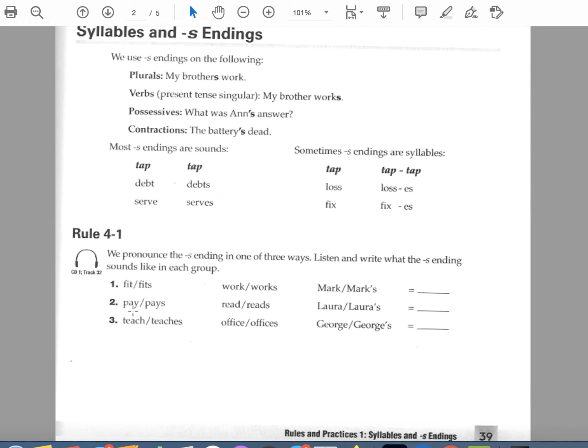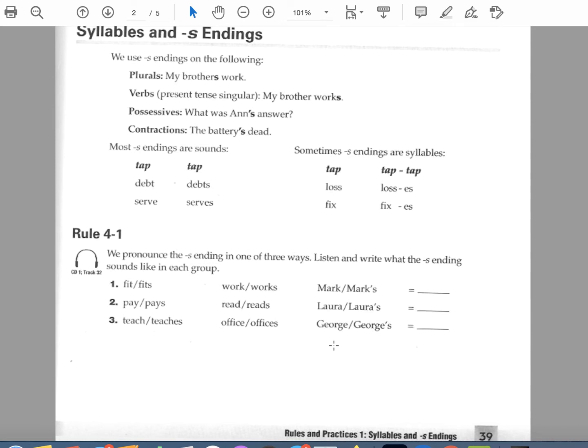How about this one? Pay, pays. Read, reads. Laura, Laura's. So you got two there. Teach, teaches. Office, offices. In fact, we get three out of that one.